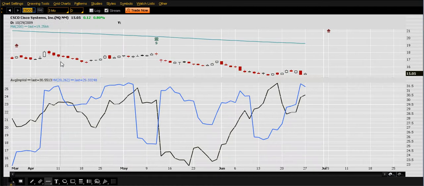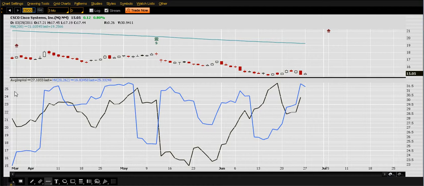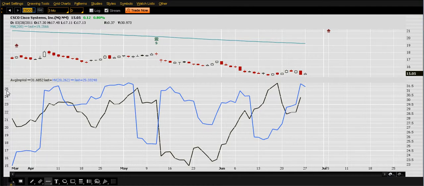Anyway, so 3-month chart. We take a look at this and we say, all right, the volatility is between, let's see, 31% for the implied, which is on the right side scale here, and historical anywhere between 15 and 25.